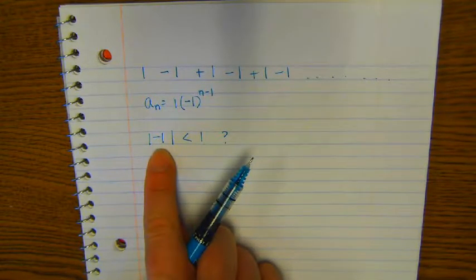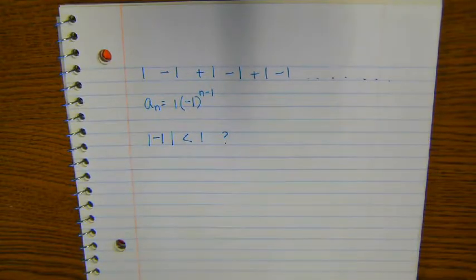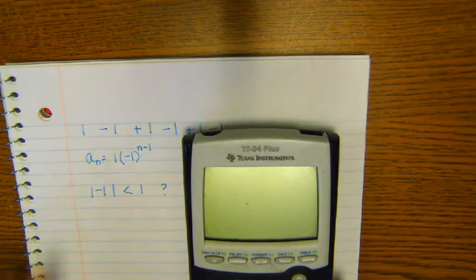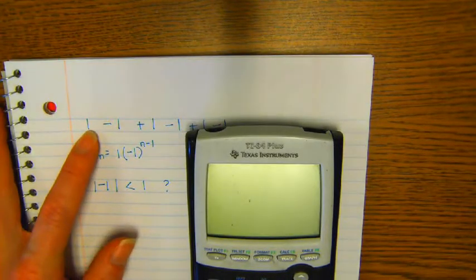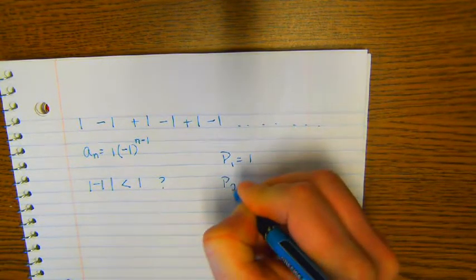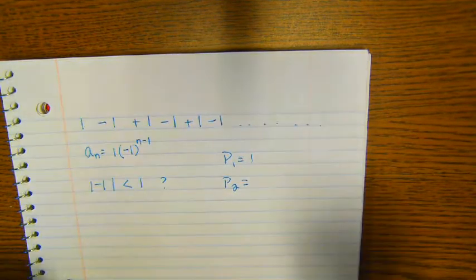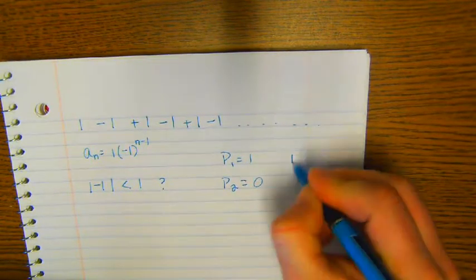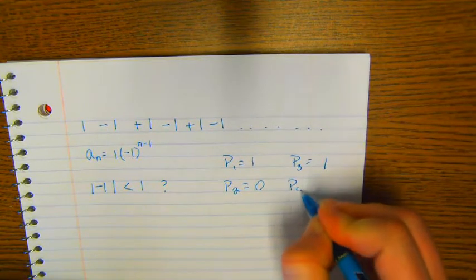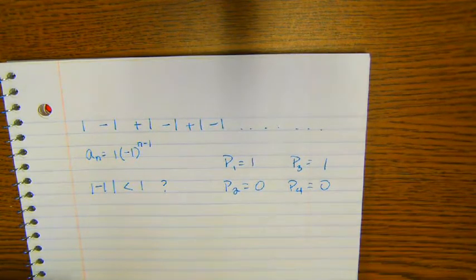So if it's exactly equal to 1, let's see if it converges or not. I'm going to do some partial sums. Partial sums just means add up part of the sequence. So the first partial sum would be 1. The first term is just 1. The second partial sum, add the first two terms. What do you get? 0. The third partial sum, 1. The fourth, okay, what's going to continue to happen? 1, 0, 1, 0, 1. It's going to keep alternating.